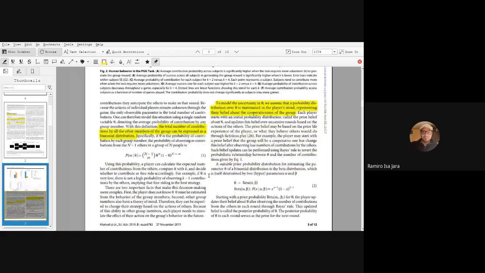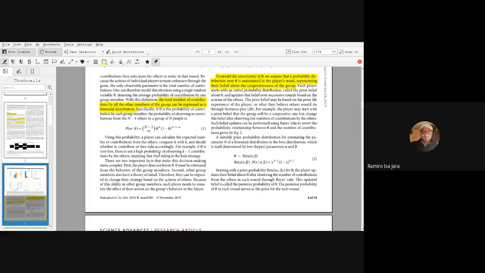The way of modeling this behavior is according to the binomial distribution, where the symbol theta is according to the uncertainty. So this can be modeled with the binomial distribution, but using Bayesian inference.